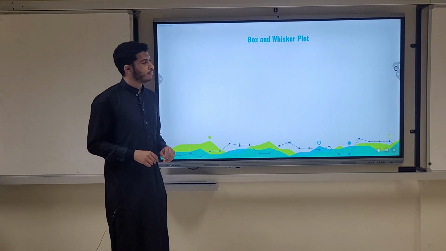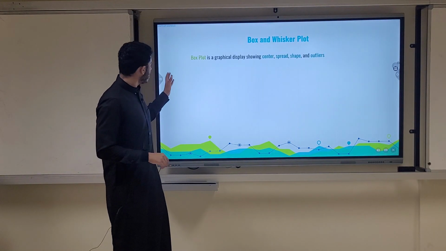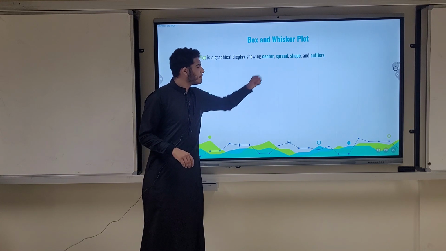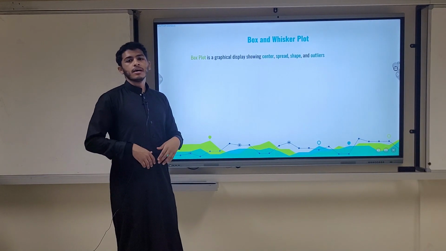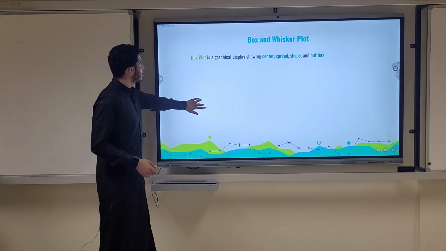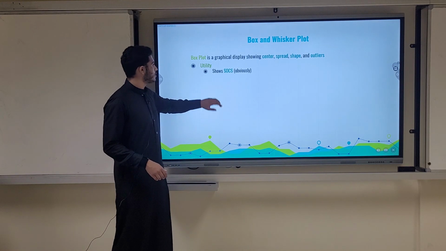Now let's introduce a new graph, the box and whisker plot. What is it? Well, a box plot is a graphical display showing the center, spread, shape, and outliers of the data. This is our four-letter acronym, the one we got at the beginning. So what other utilities might it have aside from the acronym?